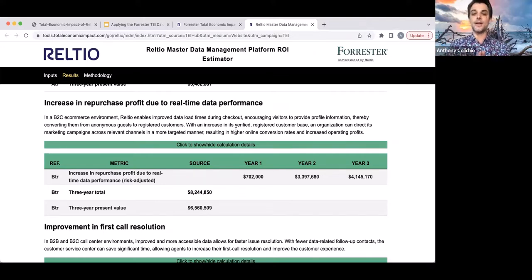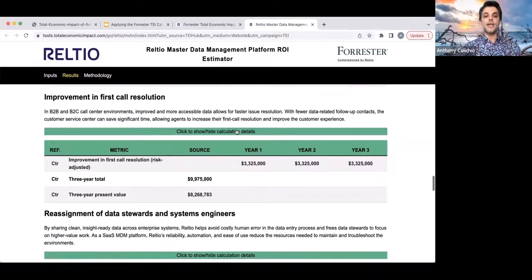For this case, it was getting their personal information to repurchase. So the higher that goes, the more people repurchase, and you capitalize your customers as an asset portfolio. Improvement in first call resolution. There's lots of value with this. This is about data completeness.